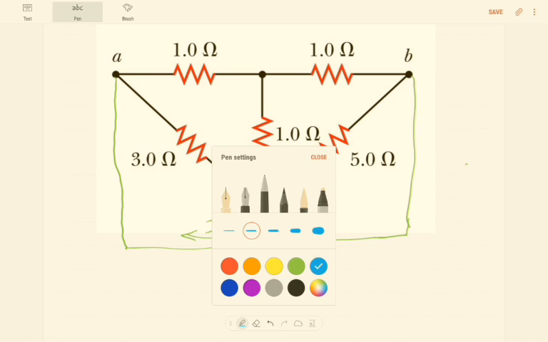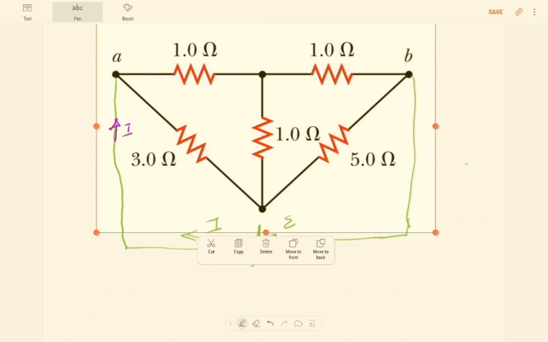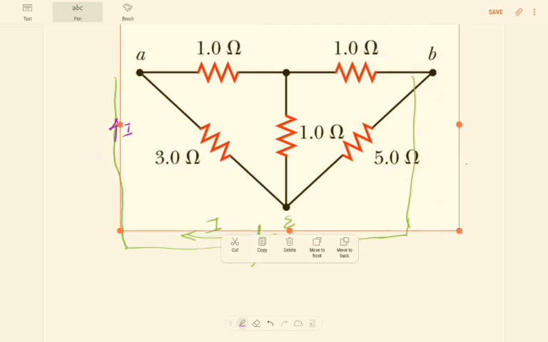As I told you, when you work on Kirchhoff-based problems, first you must specify the direction of the loop. So let me specify here the current. Now here we have a current that is I. That's the current through the battery. Now you will have a current across the 1 ohm resistor.